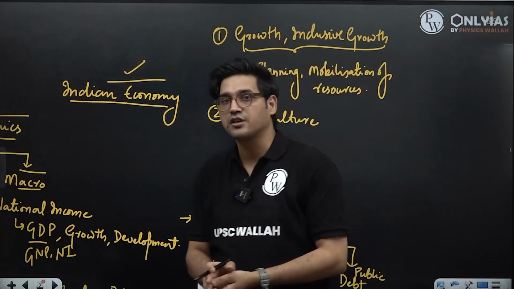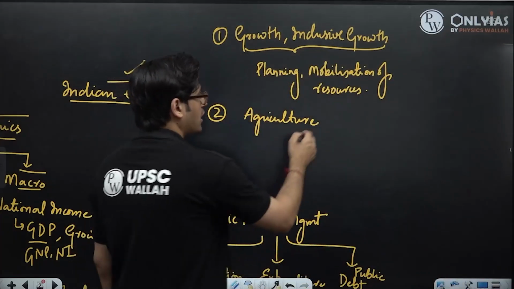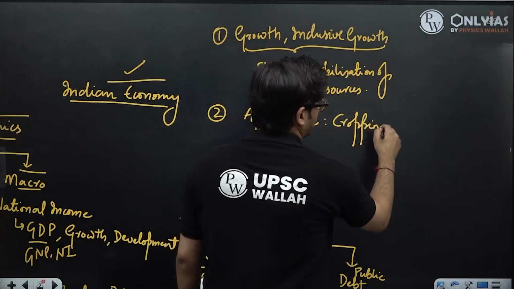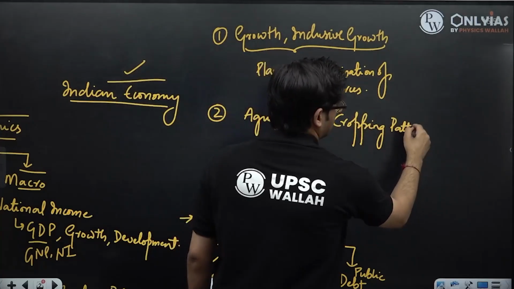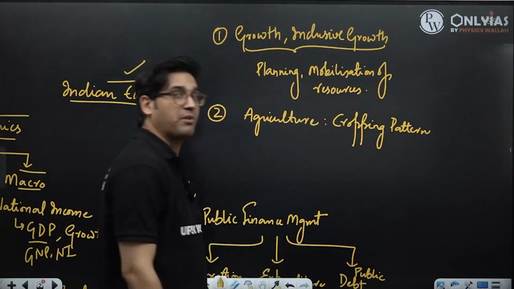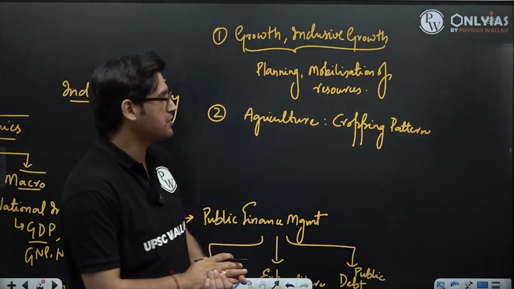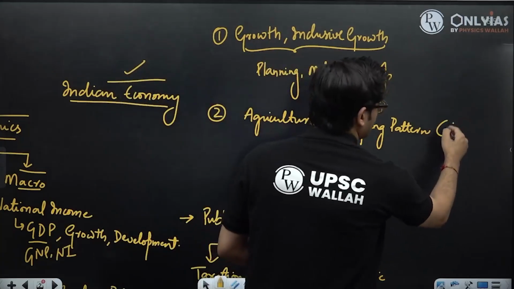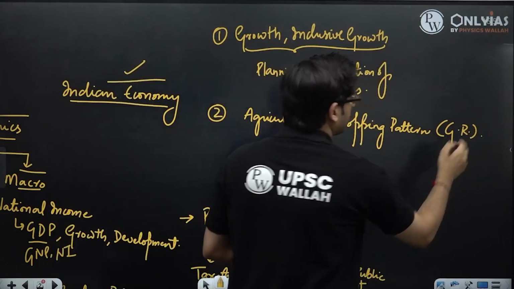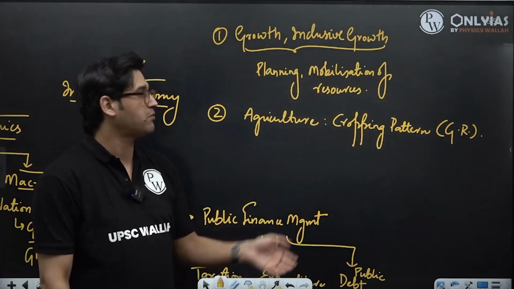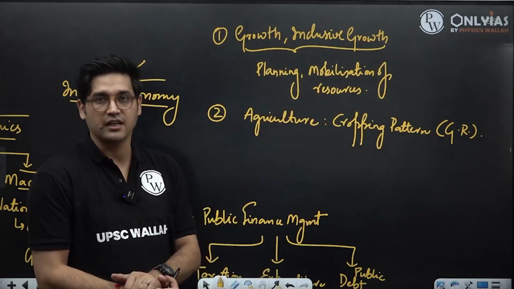In agriculture, we will have to be talking about the associated chapters and topics which have been discussed in your syllabus itself. One is the cropping patterns in India. What were the reasons behind those cropping patterns? More specifically, what we'll be discussing here will be the Green Revolution as to how the Green Revolution has had a significant impact over the cropping patterns in India.